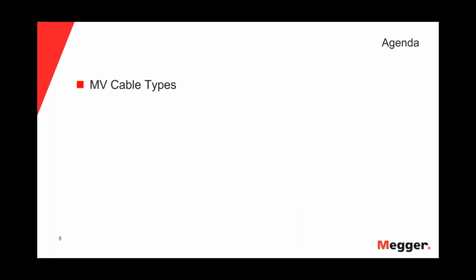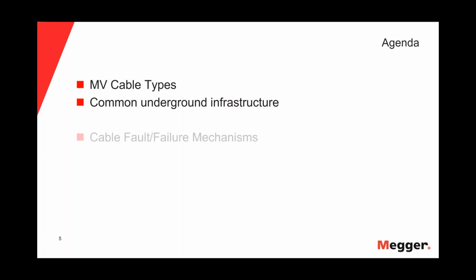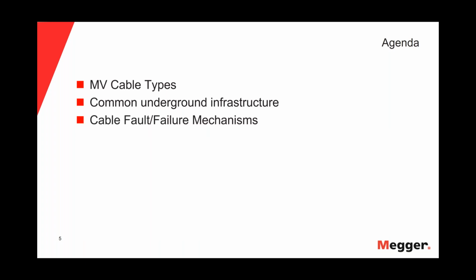Today's agenda, first, I'll talk a little bit about medium voltage cable types. We'll talk about the different types of construction and how this applies a little bit to cable fault locating. We'll look at common underground infrastructures, and this is important because different infrastructures require different techniques and different tools. We'll talk a little bit about cable fault failure mechanisms, how these underground cables can be damaged and how they can fail.